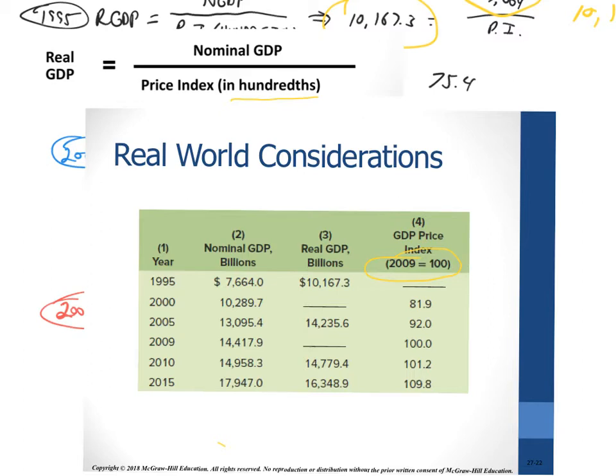So there's no math to do, because if your price index is 100, that means your nominal GDP will equal your real GDP. So real GDP in 2009 will be 14,417.9.